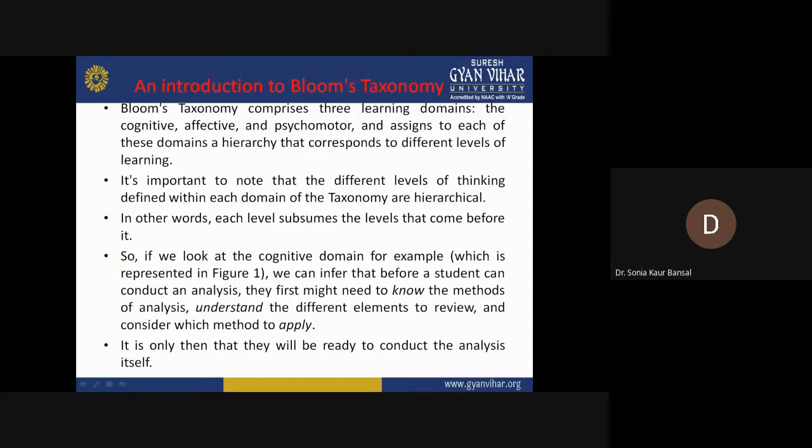Bloom's taxonomy has since been expanded over many years by Bloom and other contributors, notably Anderson and Krathwohl, who were the main collaborators on the taxonomy as recently as 2001.